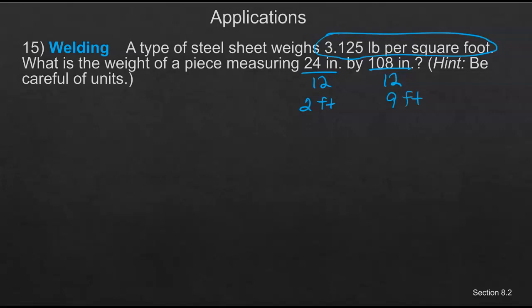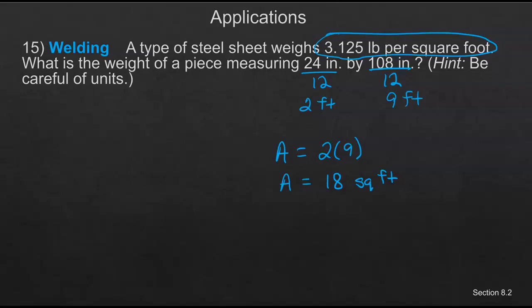So it's a piece of metal, it's a rectangle, and we're going to just multiply to find the area. So my area would be 2 times 9, 18 square feet. And then it said that it is 3.125 pounds per square foot. That's 3 and 125 thousandths.